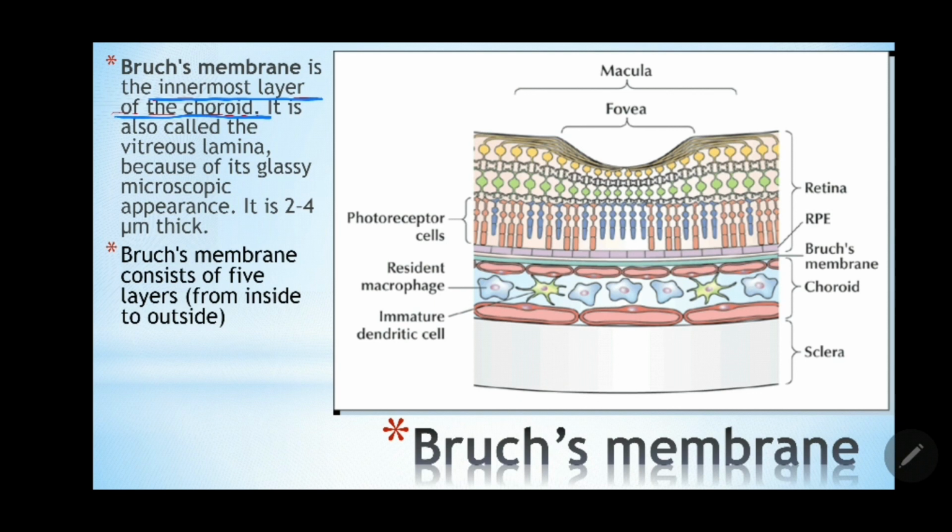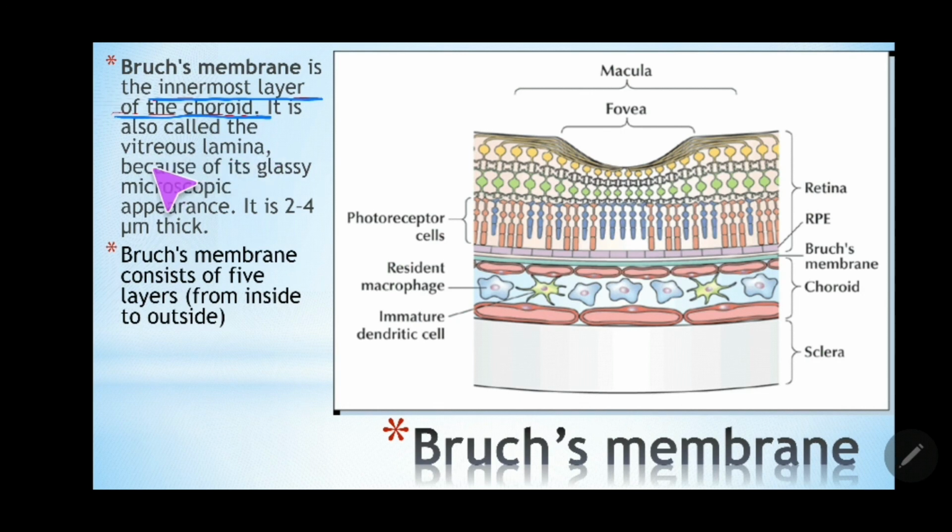So you have to categorize Bruch's membrane into one of the 3. Remember, Bruch's membrane is a part of choroid, it's not a part of retina, because the outermost layer of the retina is the pigment layer. So Bruch's membrane is the innermost layer of the choroid.